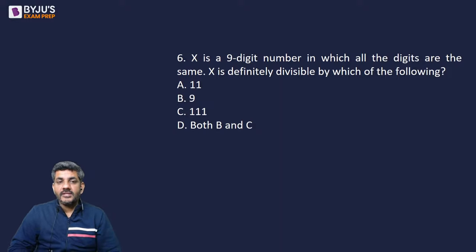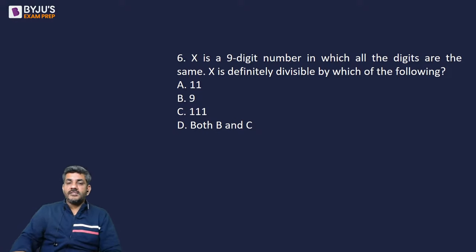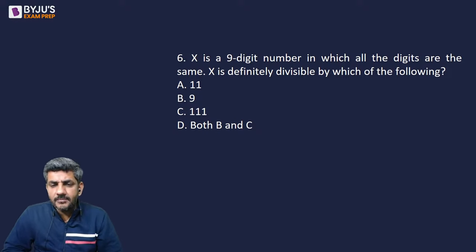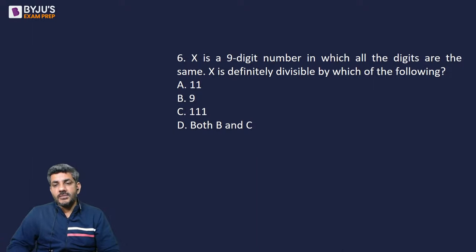Himanshu Gupta has got the answer as C, which is 111. Two answers till now. This was again, I would say, not a difficult question. Let's do this. X is a 9-digit number in which all the digits are the same. X is definitely divisible by which of the following?